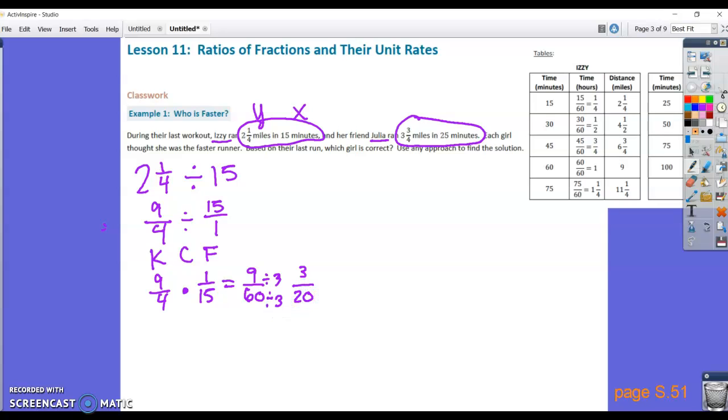So it was miles in minutes. So this is the miles per minute. So we have 3/20 mile per minute. And we should have gone ahead and said that was for Izzy.